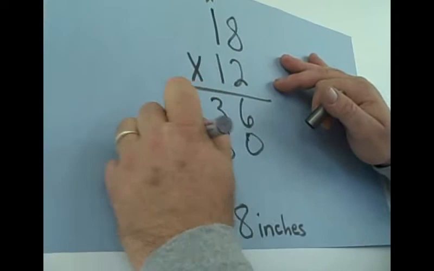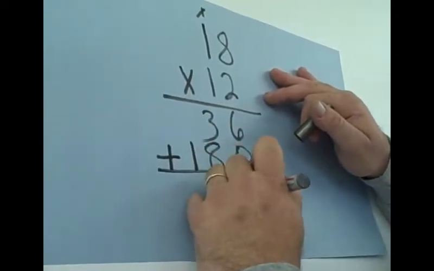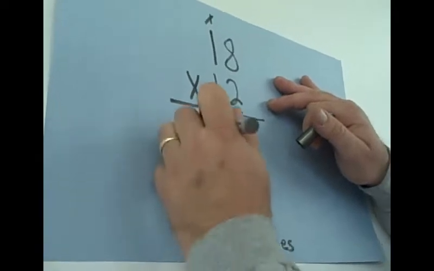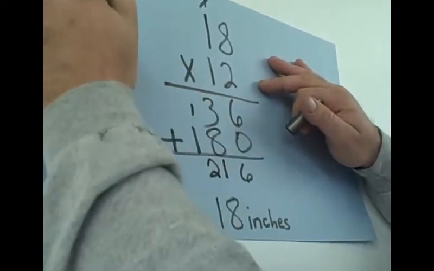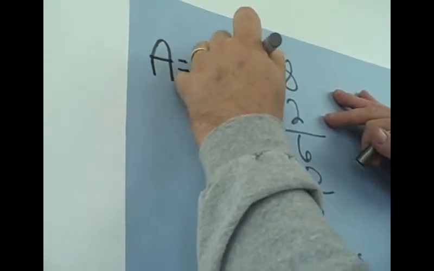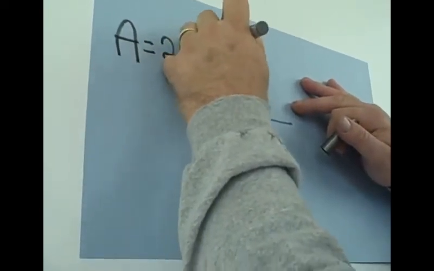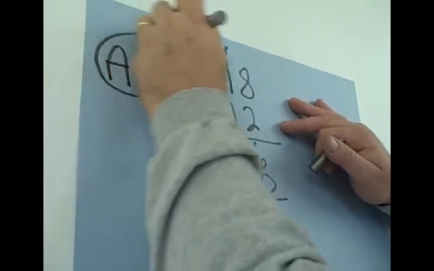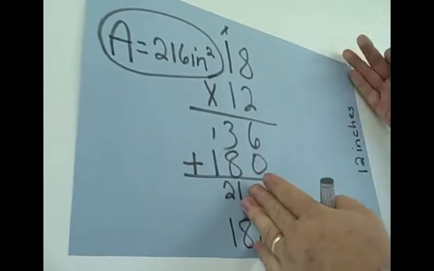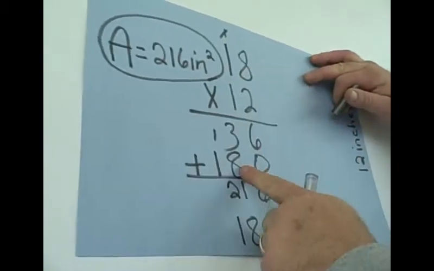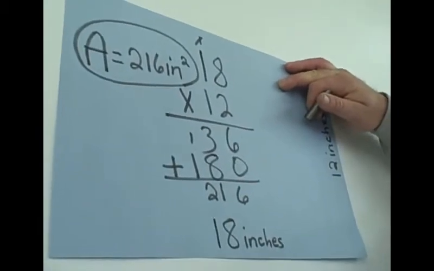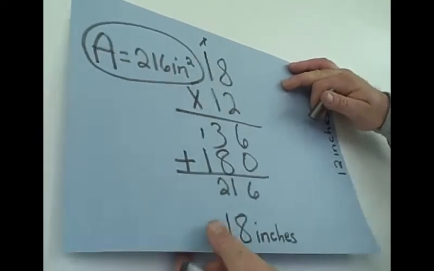Then we're going to add these up. 6. 8 plus 3, 9, 10, 11. 1 plus 1 is 2. So our area is 216 inches squared. Okay? The base times the height, we're going to multiply, and we came up with 216 inches squared. That is our area.